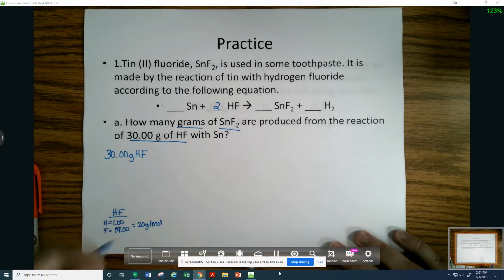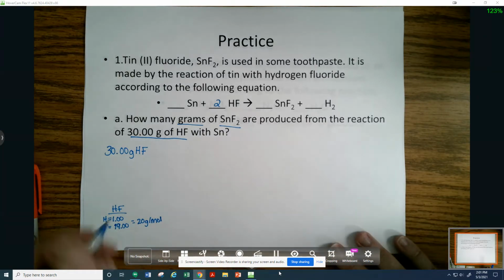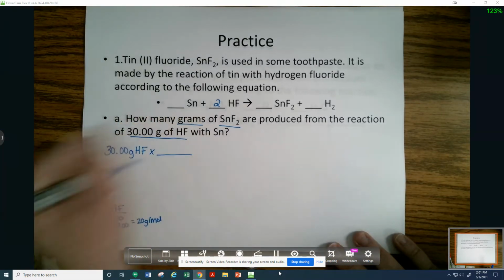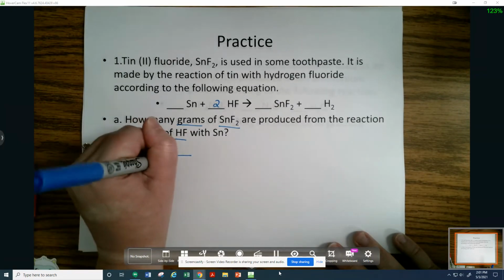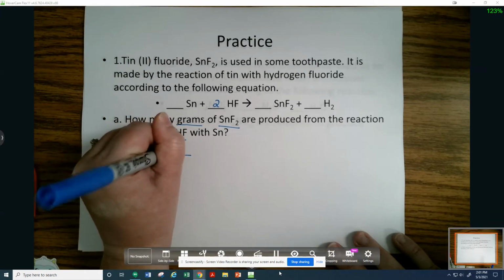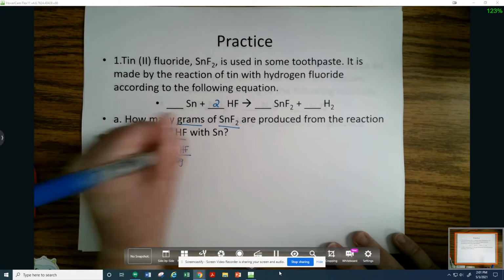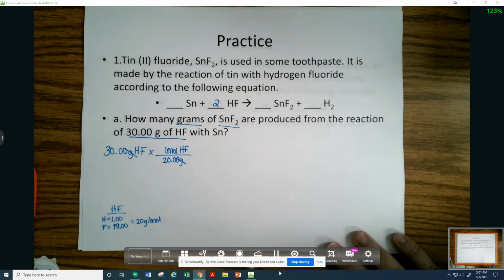This is going back to our very last unit. Like I said, this is kind of a snowball effect type unit. When we set that up, just like with last unit, we need our grams to cancel. So 20 grams is my denominator, and 1 mole is my numerator. Then my grams cancels, and I'm now at 2 moles of HF.